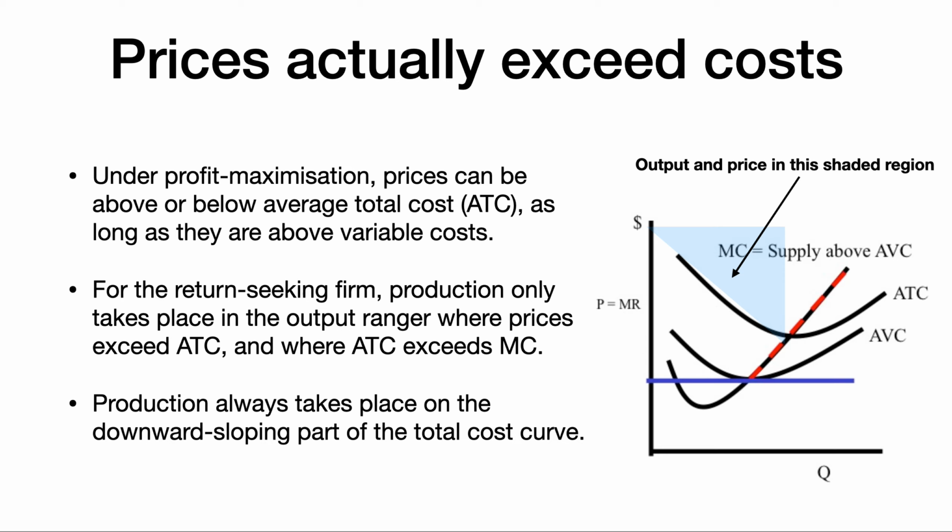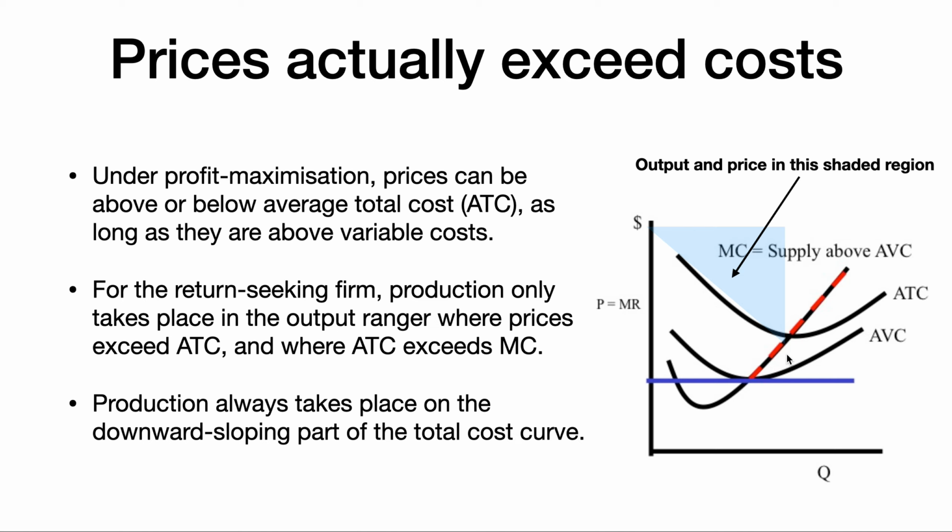Well, it means a few things. It means that prices must be above average total costs. Okay, so that dashed part of the supply curve below average total cost, just wait for a car to go past, it doesn't really exist as part of supply, except in very unusual short-term circumstances.